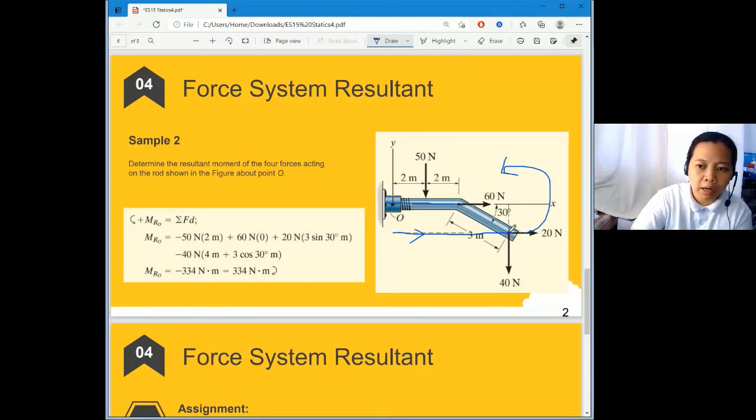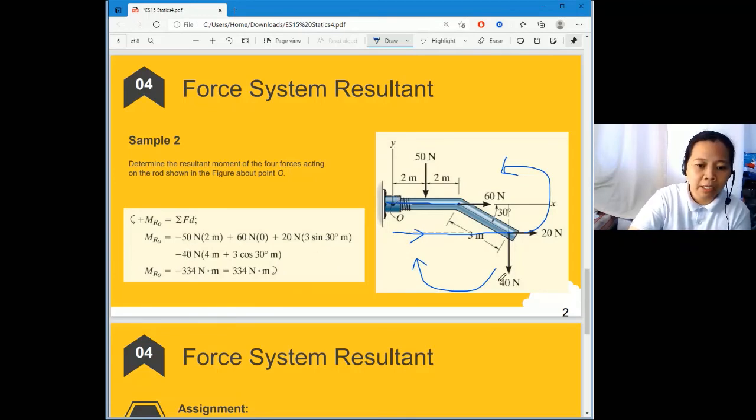Next is the force 40. Why is it negative? Because this force will produce a moment that will rotate clockwise, and clockwise, for our sign convention, is negative.